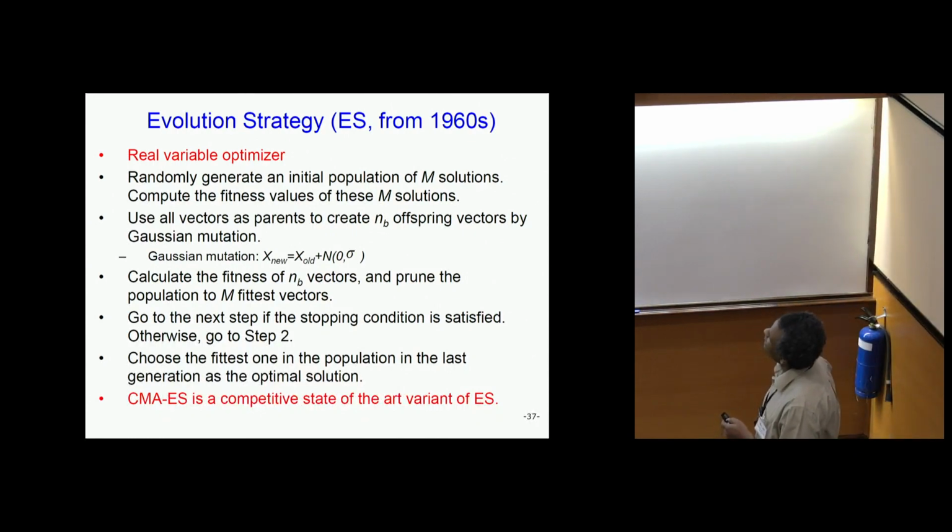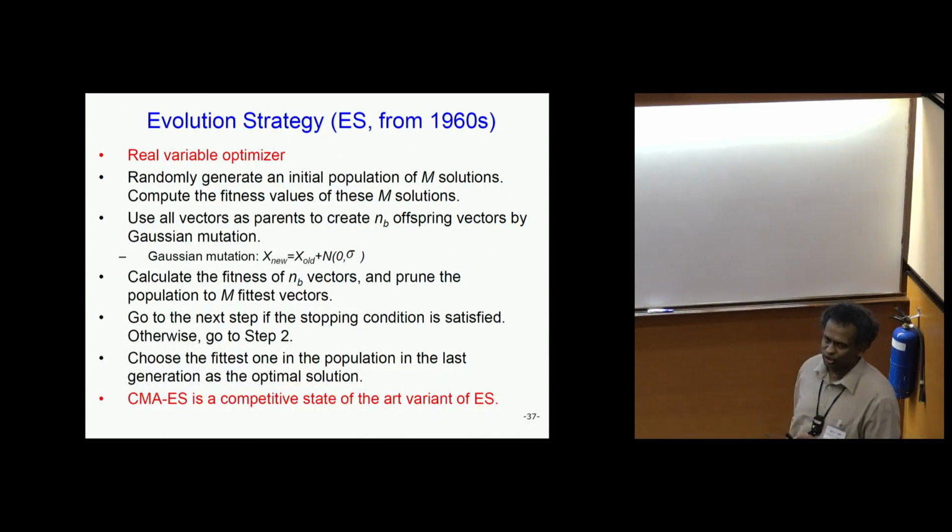The steps are pretty much the same. Randomly generate an initial population of M solutions and then compute the quality of these M solutions using the objective function. Use all vectors as parents to create the same number of offspring, or a specified number of offspring, and the original method was Gaussian mutation.